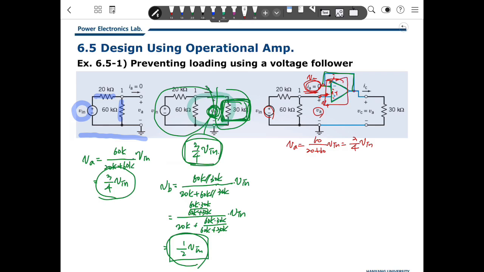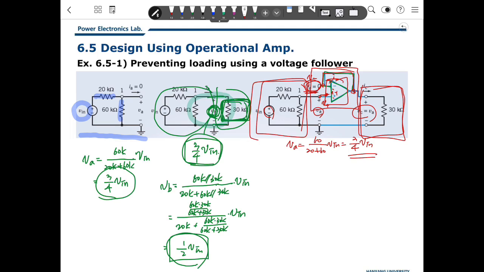Based on the voltage follower, the output value VC is also 3/4 V in. That means by adding the voltage follower, we can combine two different circuits directly, even though the initial design of circuit 1 and circuit 2 is not changed. This is the reason why we have to use the voltage follower.